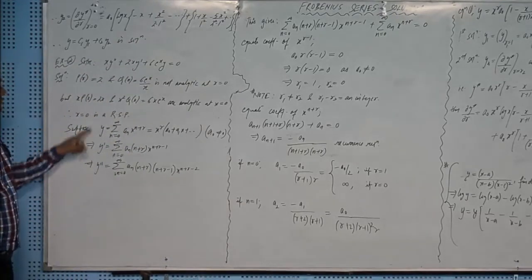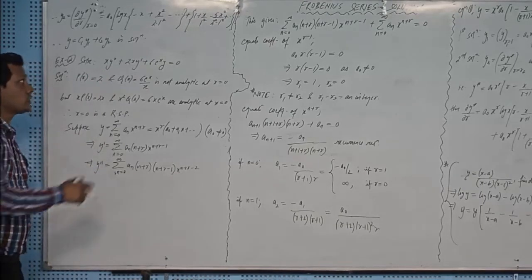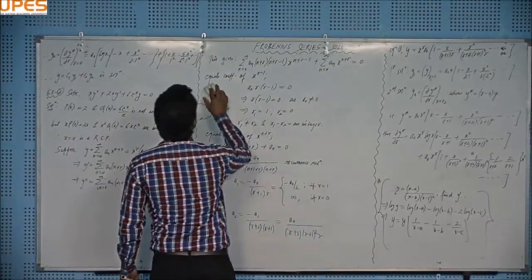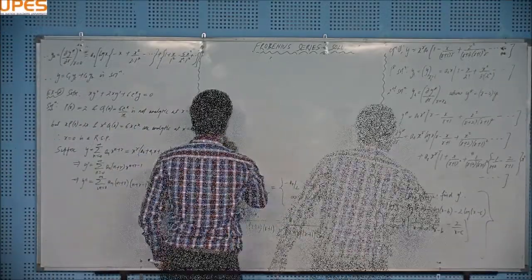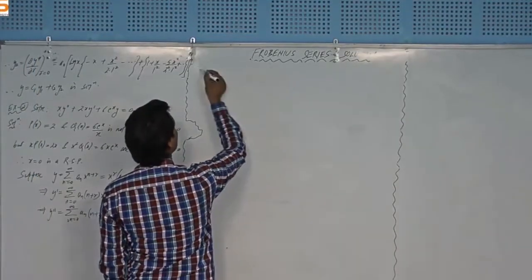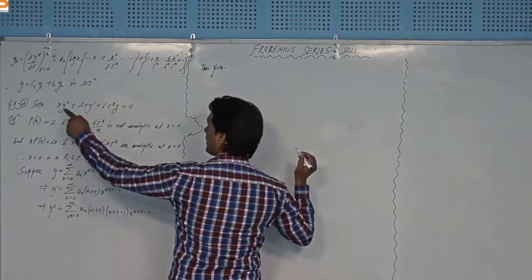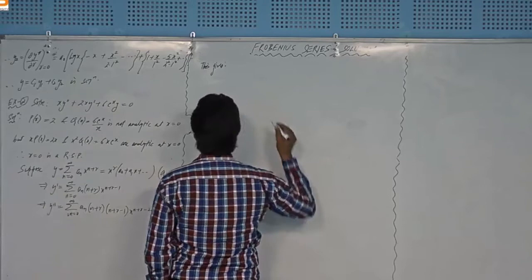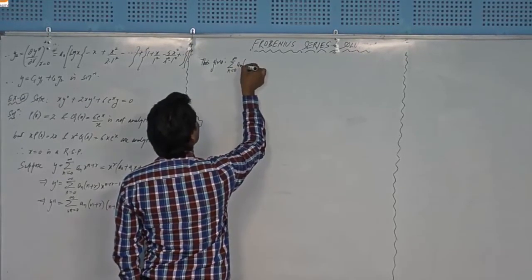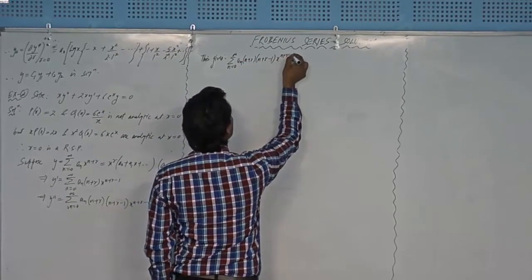So putting these derivatives in this equation, but I will rub that first because I need to expand this e to the power x also. Plugging these values in my differential equation, x multiplied with y double dash will produce summation n equal to 0 to infinity a n (n plus r)(n plus r minus 1) x to the power n plus r minus 1.